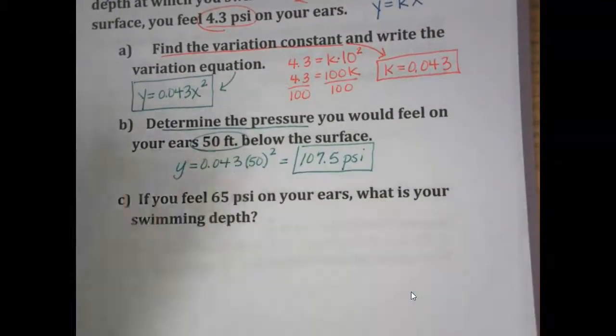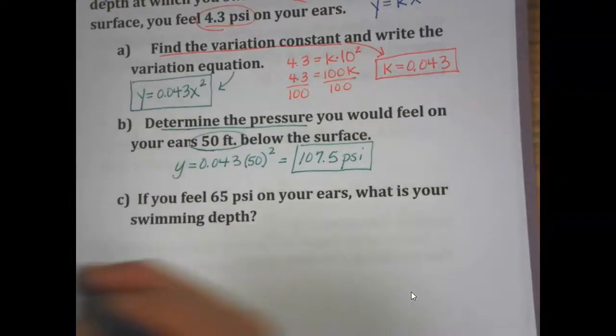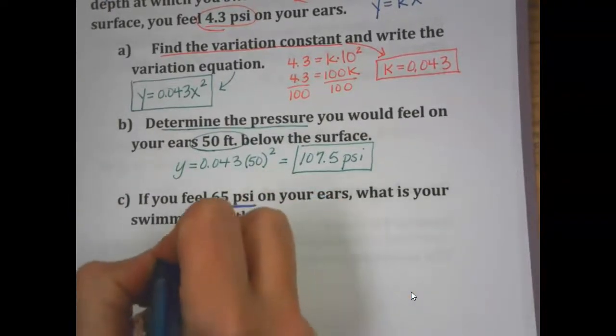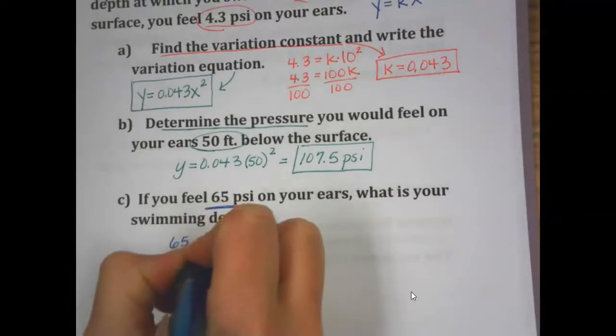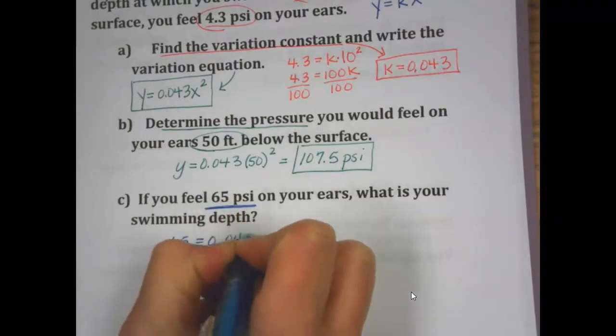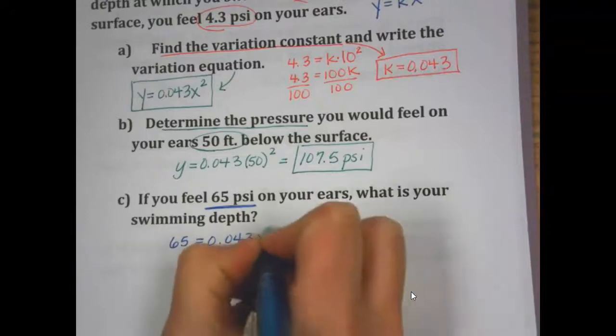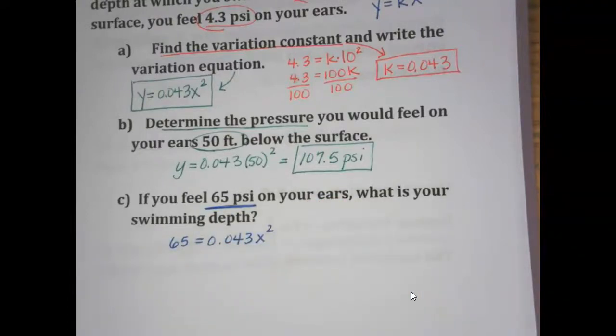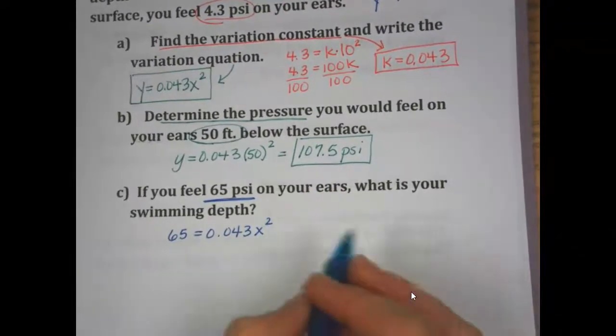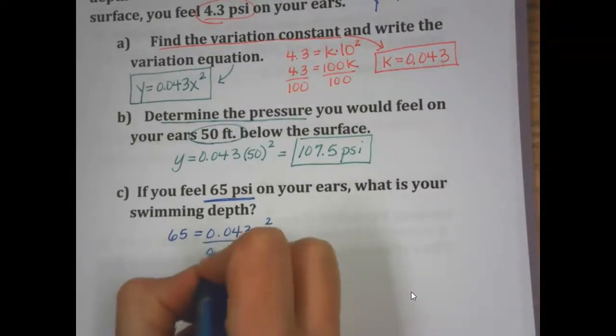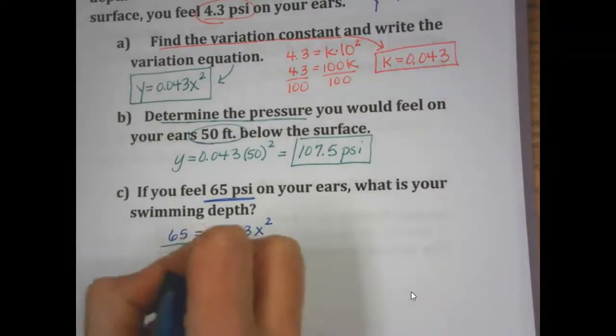Part C, if you feel 65 PSI on your ears, what's the swimming depth? So this time they're giving us the y value, so we put it in for y. We use the same constant, but we don't know x, we don't know the depth. So we divide the constant by both sides to isolate the x squared.